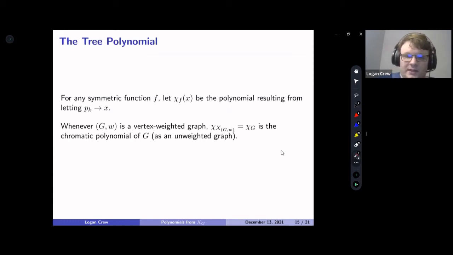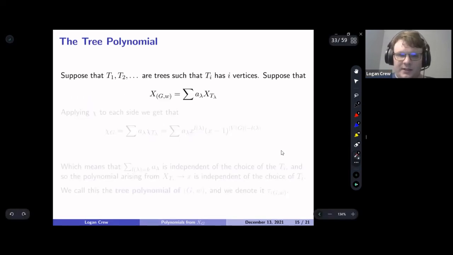And as we discussed, if G_w is a vertex weighted graph, if we apply chi to the symmetric function X_{G_w}, we recover chi_G. Note that we do lose the vertex weights if we apply this to a weighted graph, because in the end, all we care about when we pass to the polynomial is the number of connected components. We lose the information about their total weights. But in any case, this is how we get this.